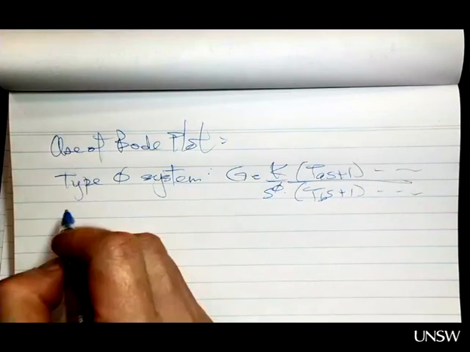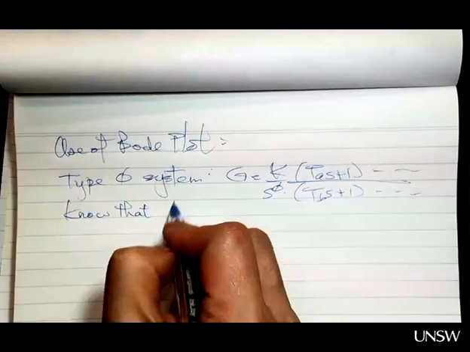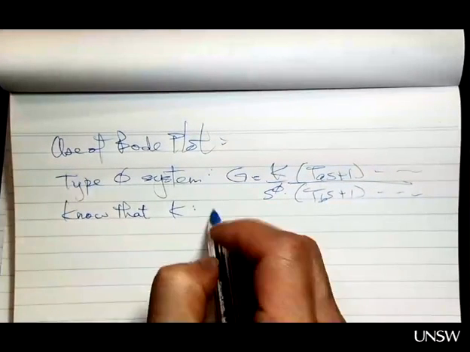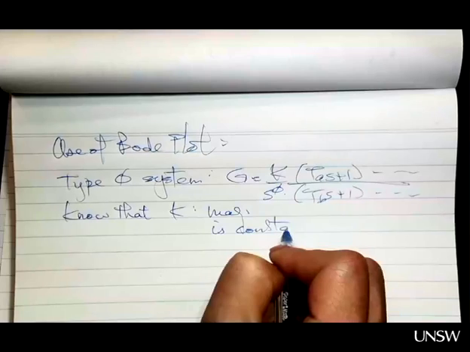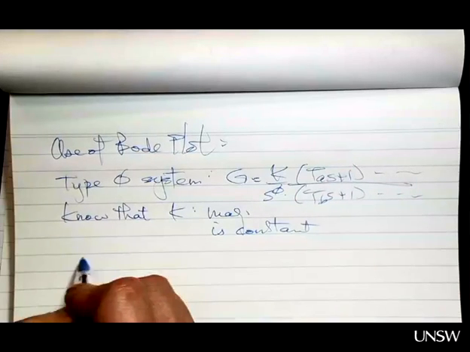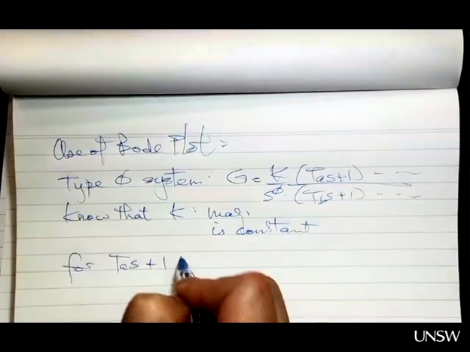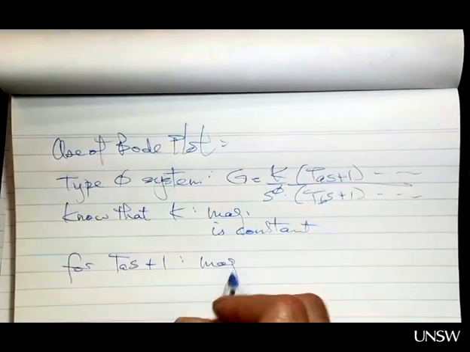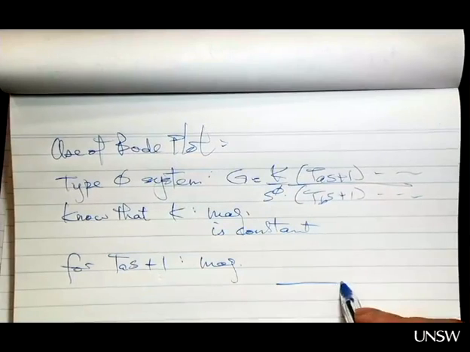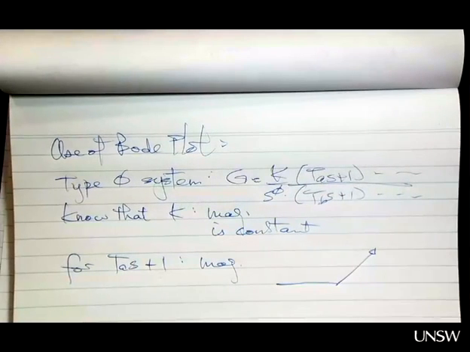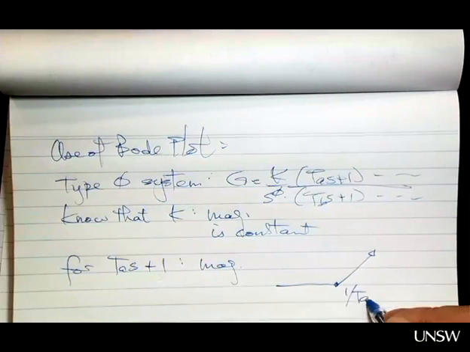And then we know that for the K, the magnitude is constant. And for T_A s plus 1, what will the magnitude look like? It will look like something like this, increasing. And at this point, it is 1 over T_A.